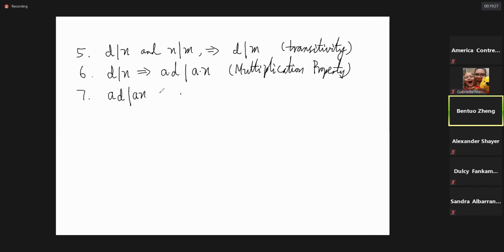If a is not equal to 0, then this implies d divides n. So this is the cancellation property.